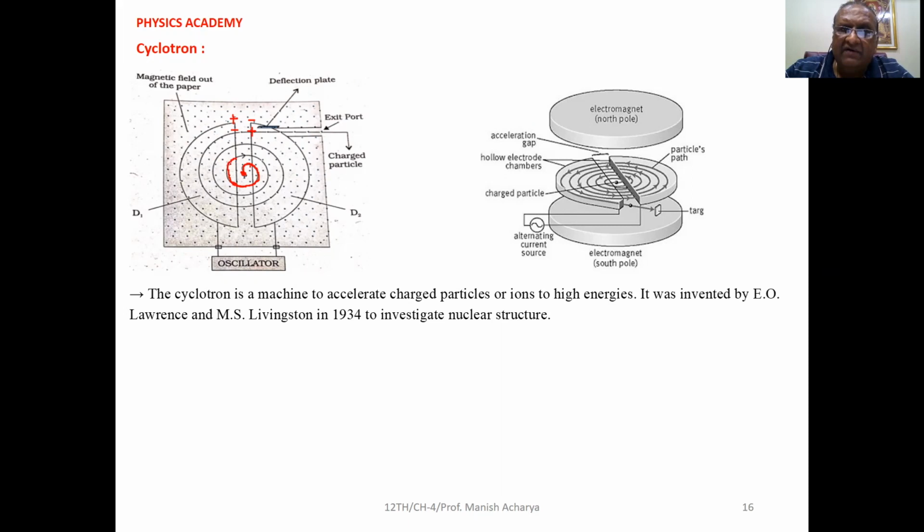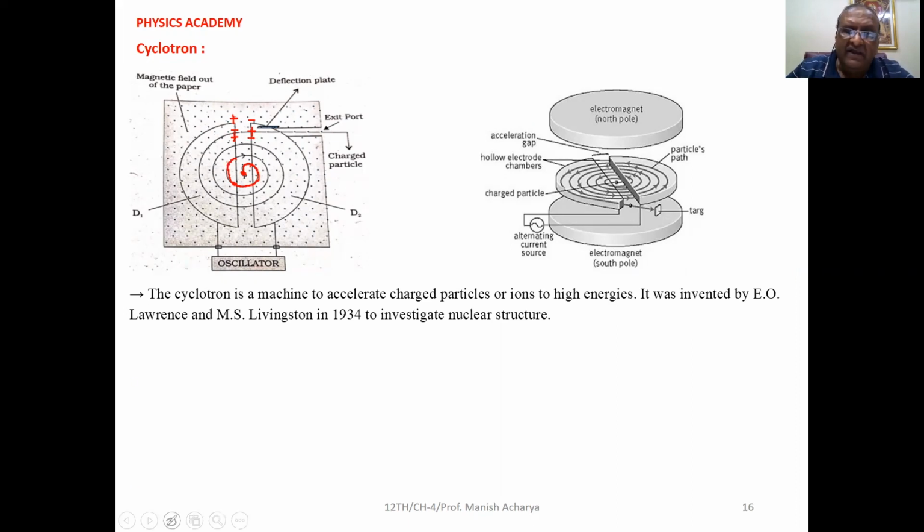And when again half revolution is completed, this becomes positive, this becomes negative, and this process continues. So our charged particle is continuously moving with increasing momentum and increasing radius.